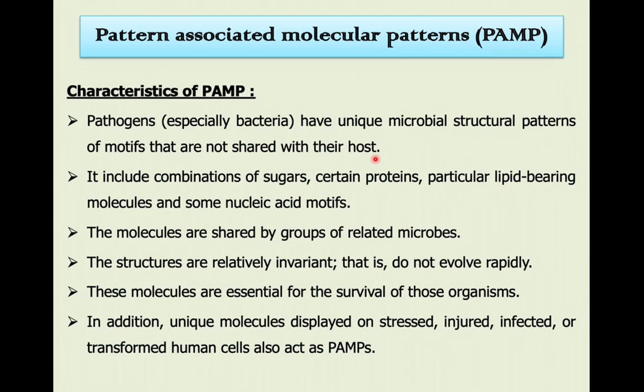Like our IC and ICU, totally different. It includes combinations of sugar, certain proteins, particularly lipid-bearing molecules, and some nucleic acid motifs. So these are the components of PAMP. The molecules are shared by a group of related microbes. So for related microbes of the same species, the molecule is the same.